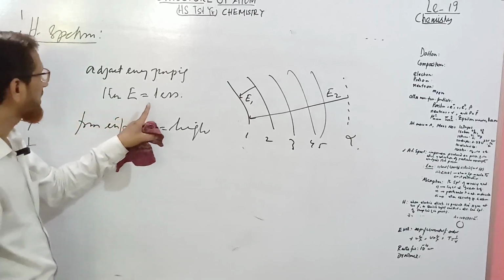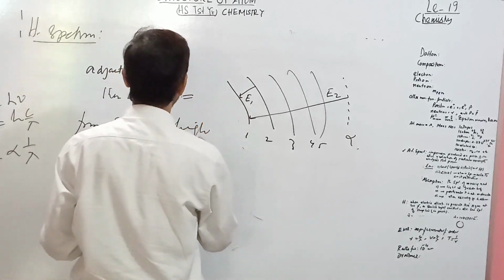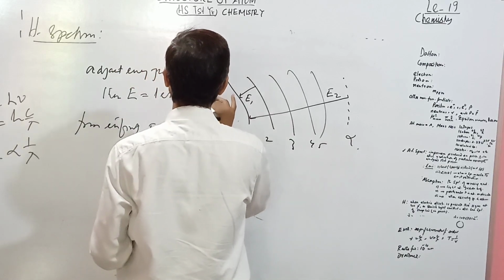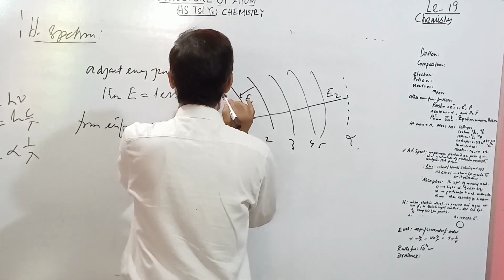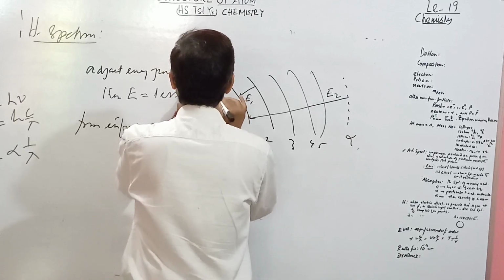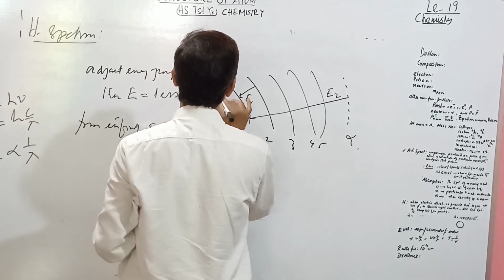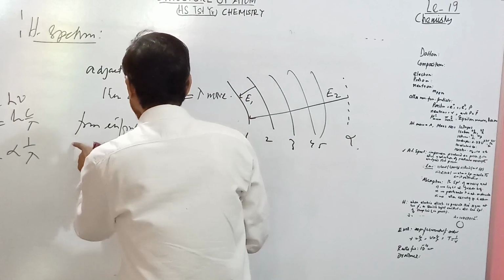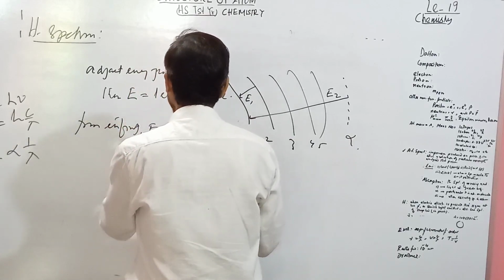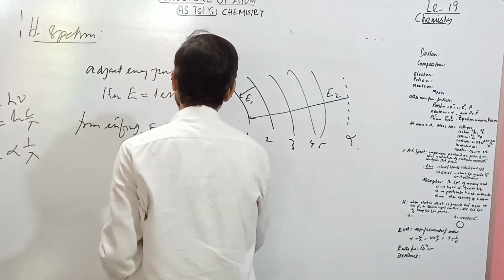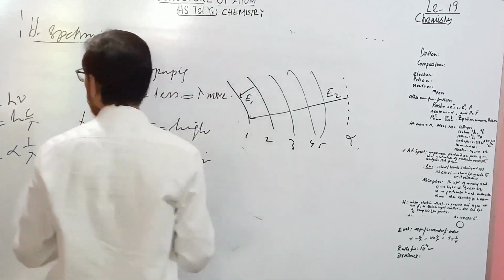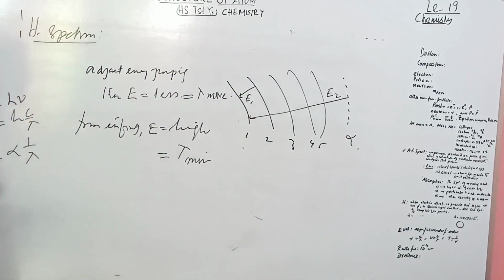If energy is less, lambda is more, or maximum. If energy is high, lambda is minimum.